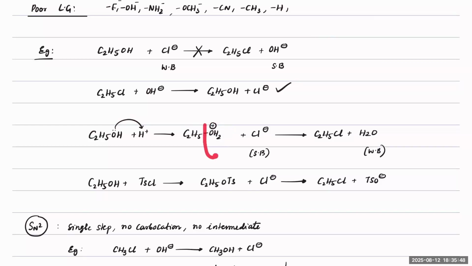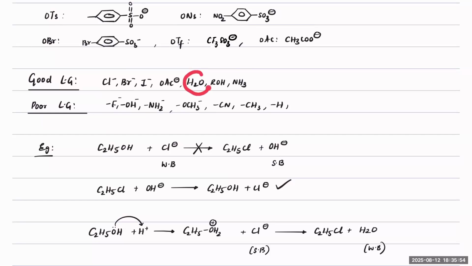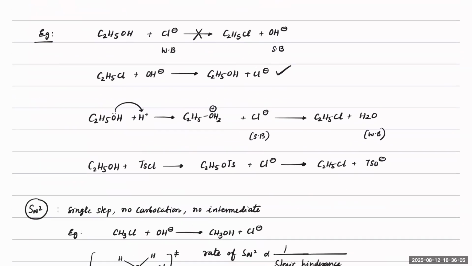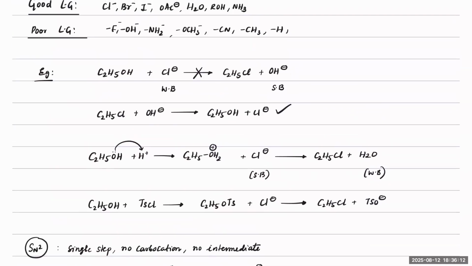And OH2 plus is a very, very good leaving group compared to Cl minus, because water is a very weak base compared to Cl minus. Weaker the base, better the leaving group. So water can now be replaced with Cl minus, and this is a reaction that can happen. Earlier I was trying to get the chlorination done, but it was not happening. But now the same chlorination was done.